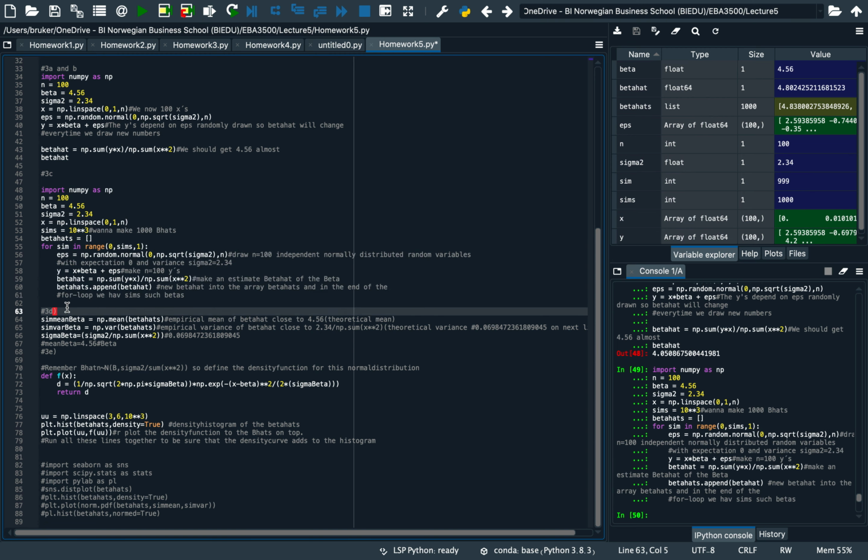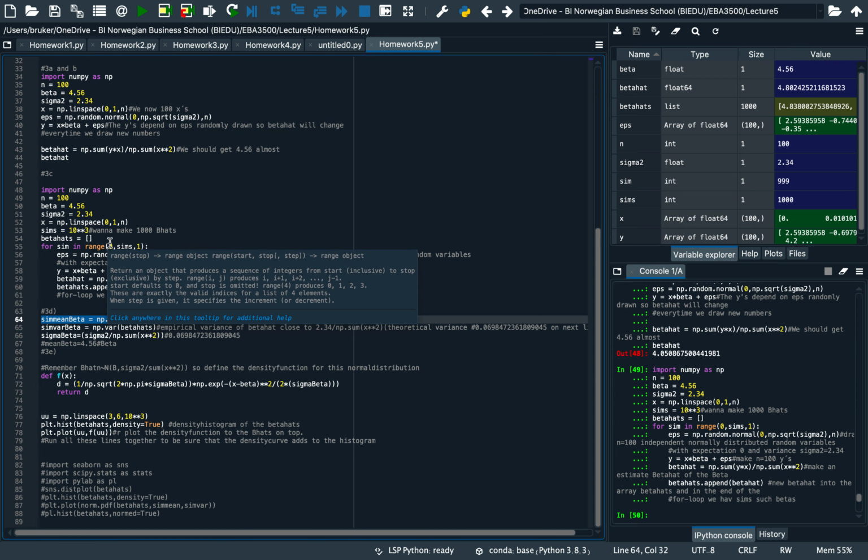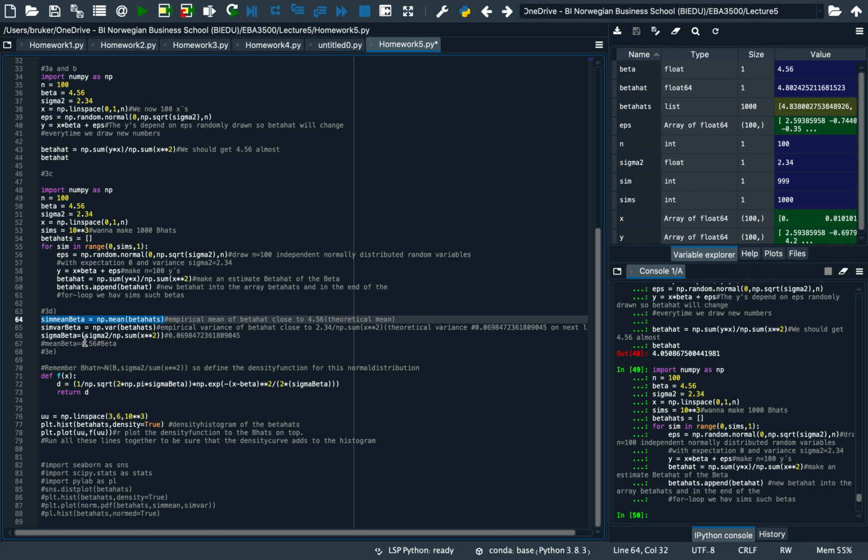And then we can calculate the mean. And what should this be pretty much like? It should be pretty close to 4.56, because beta hats is just an estimate of this beta, and we have now 1,000 estimates, and in the long run the mean of these will be beta, because we showed that earlier in exercise 2.